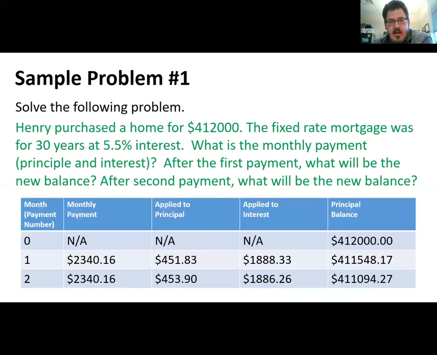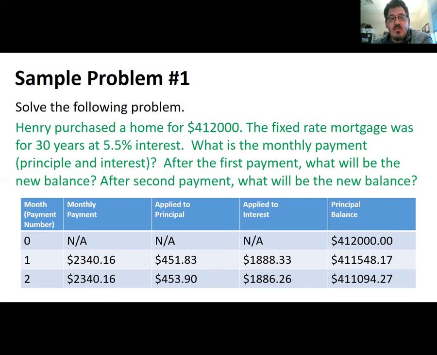And what you can observe here is as time goes on, because the principal balance goes down, the amount of the monthly payment that's applied to principal slowly goes up. The amount that's applied to interest slowly goes down. And the end result is the principal is going down, but relatively slowly compared to the amount of the initial mortgage that was taken out.